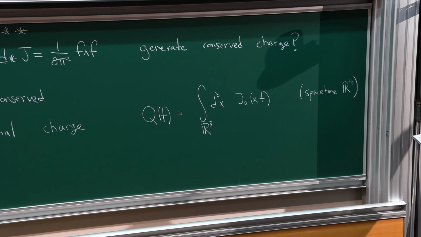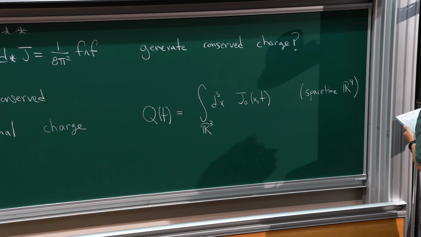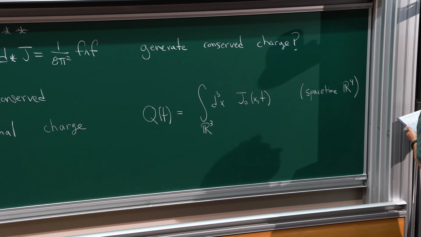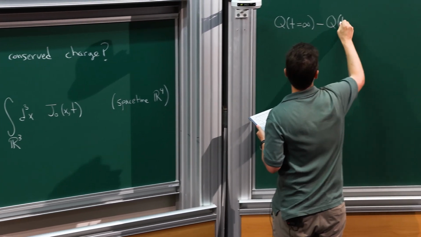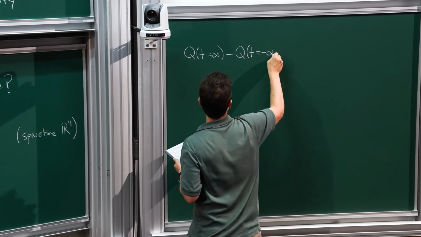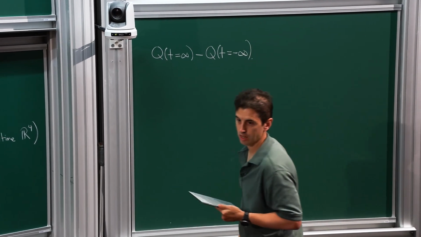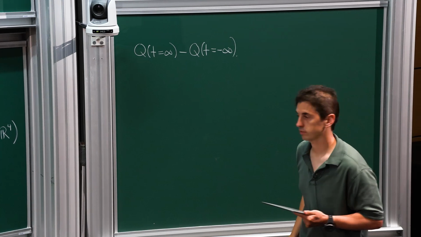Okay. Let's consider this charge evaluated at time equals infinity minus the charge evaluated at time equals minus infinity. So the net violation of the charge.